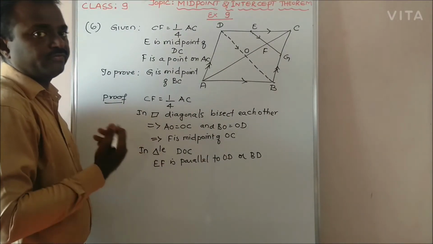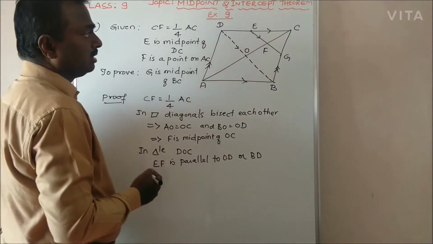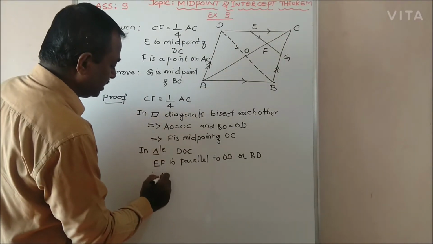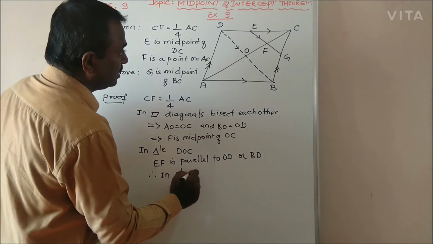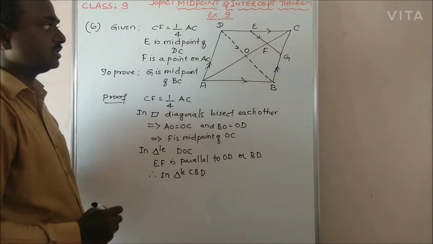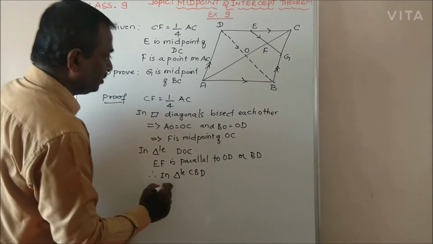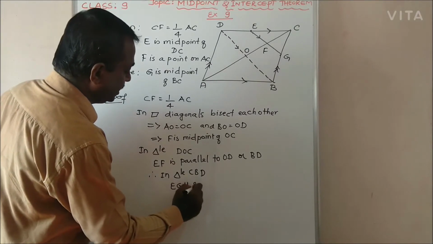By the converse of the midpoint theorem, in triangle CBD, EG is parallel to BD.